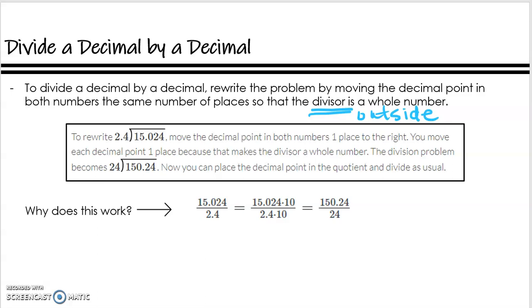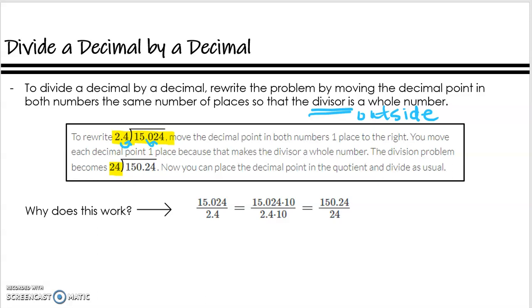Okay? So for example, right here, to rewrite 2.4 and 15.024, we need to make 2.4 24. That means that you have to move that decimal one place to the right to make it a whole number. Notice that the 15 now becomes 150 because you move the inside decimal to the right as well.